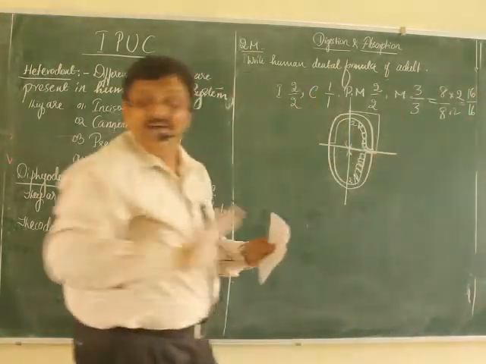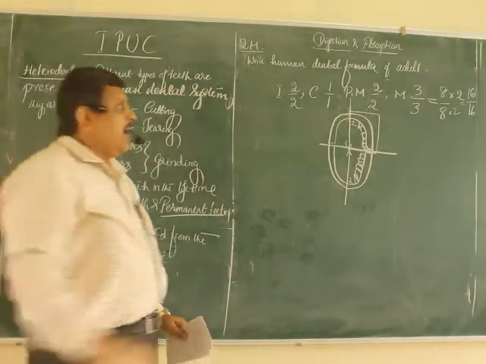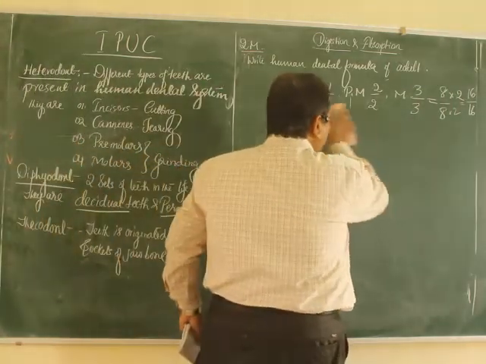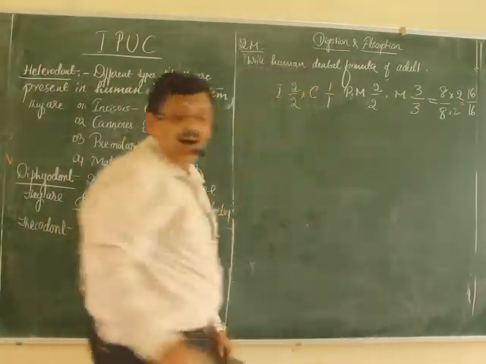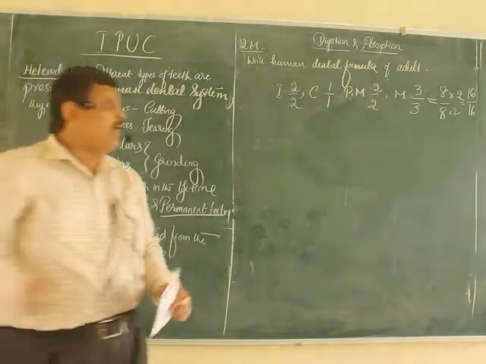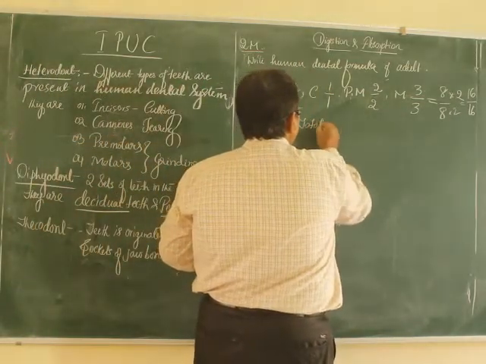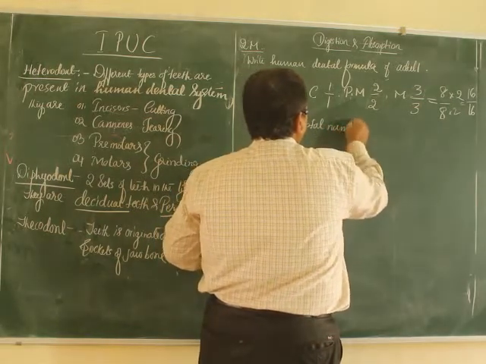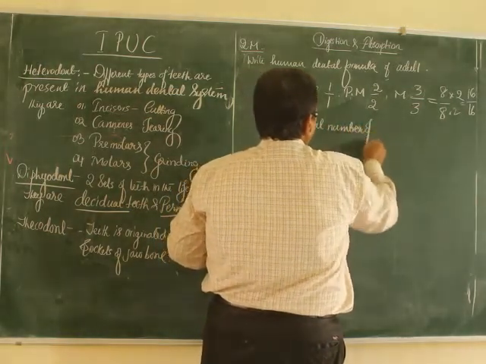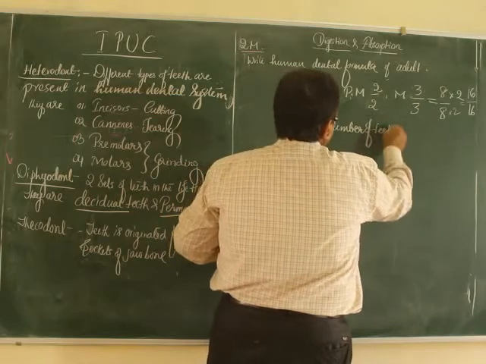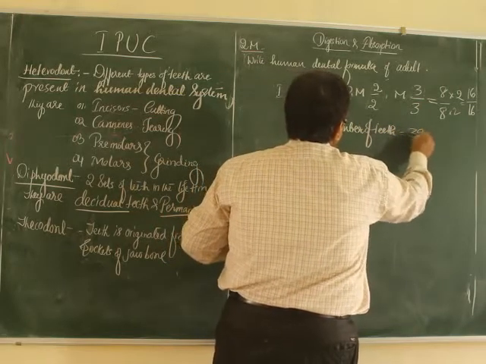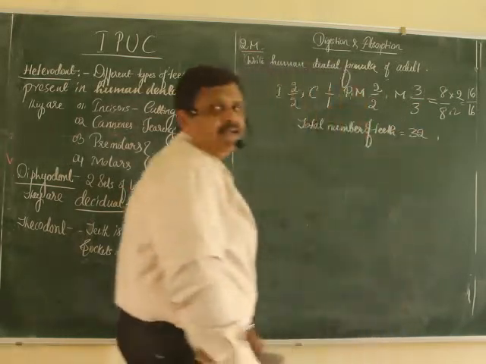It is the number of teeth in the upper jaw and in the lower jaw. So the total number of teeth will be 32.